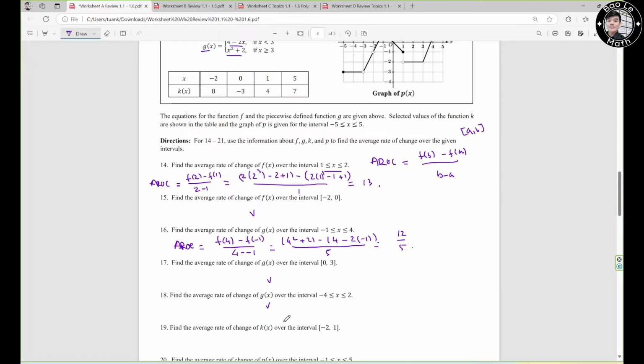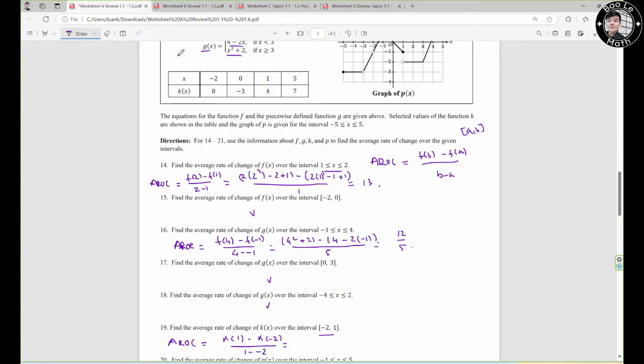Find the average rate of change of the function k of s over the interval -2 to 1, right? So we have the average rate of change is k of 1 minus k of -2 over 1 minus -2.